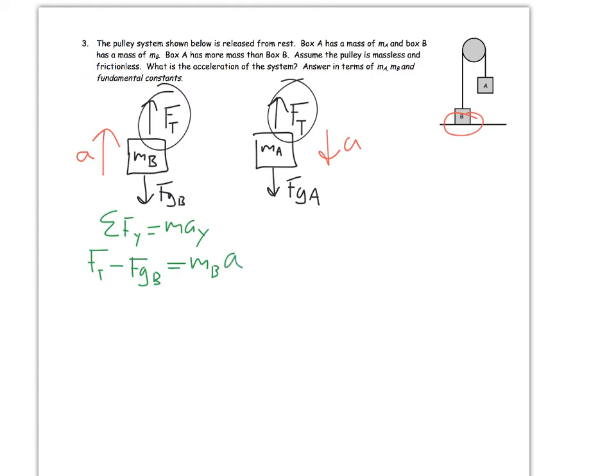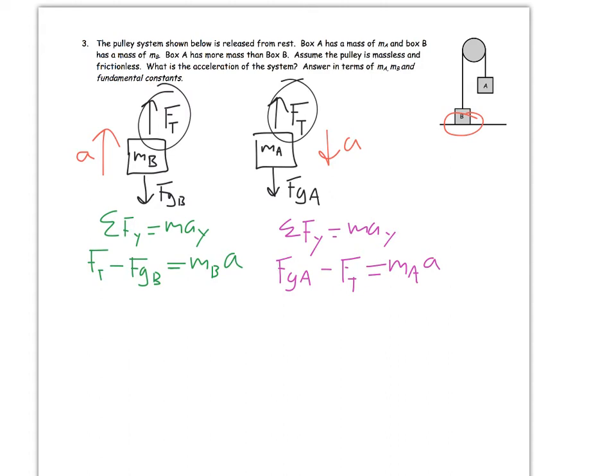a. Okay, and on box A, it's going to be Fga minus Ft. And I'm doing that because I want the direction of the acceleration to be the positive direction. I always do that. I think it makes the problem work out a little bit nicer, as you'll see in a second.